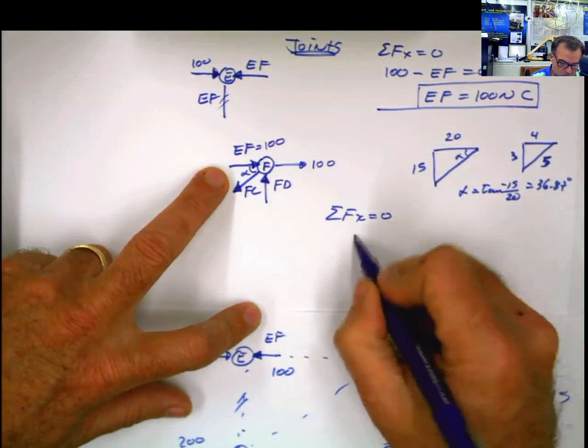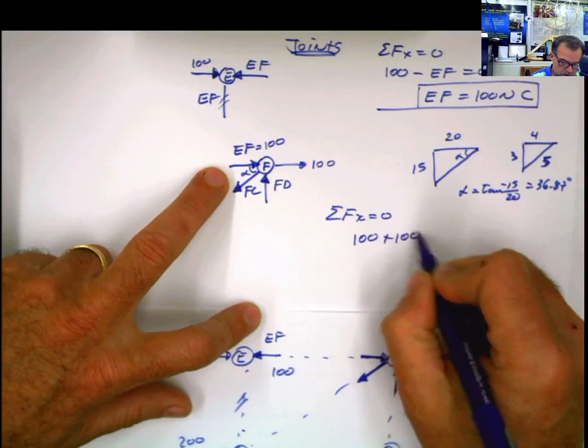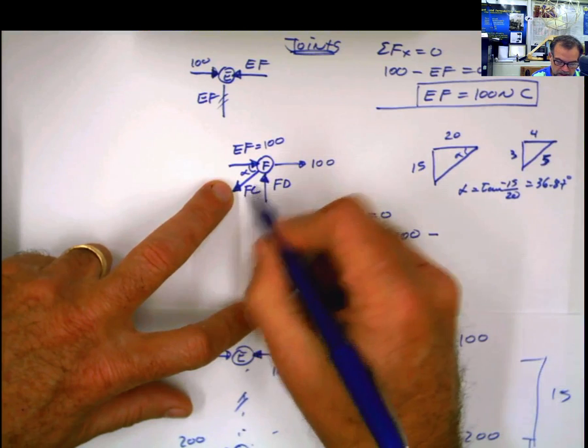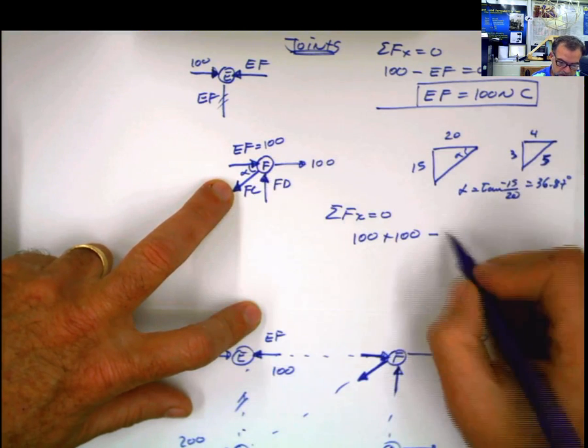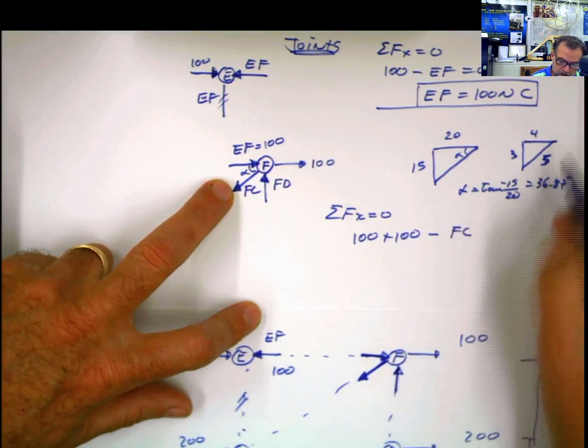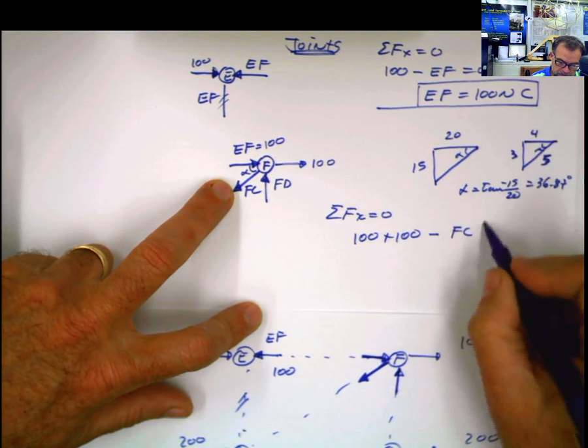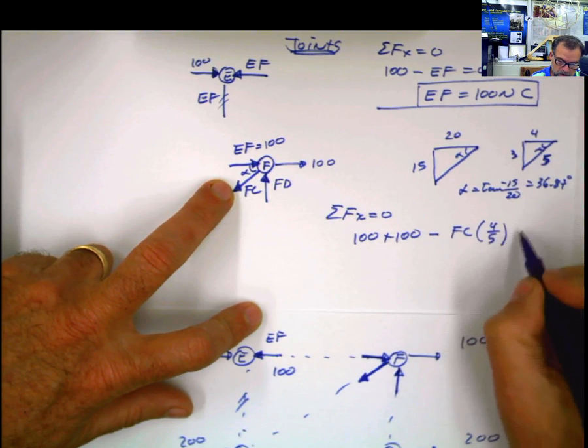So I have 100 plus 100 minus either FC cosine alpha, or FC times 4/5, if this is alpha, the angle that I'm working with, equals 0.